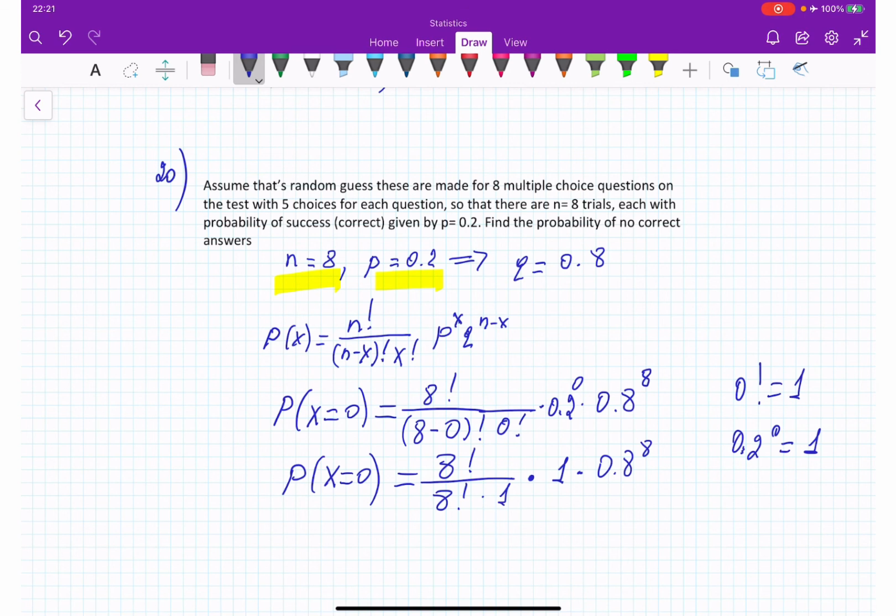And the number of successful trials is going to be 0, right? That's our x. Then I click calculate, and this is going to be equal 0.168.